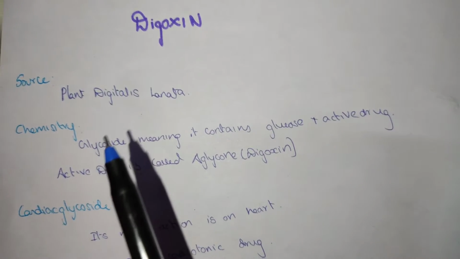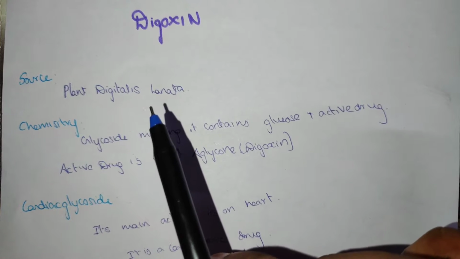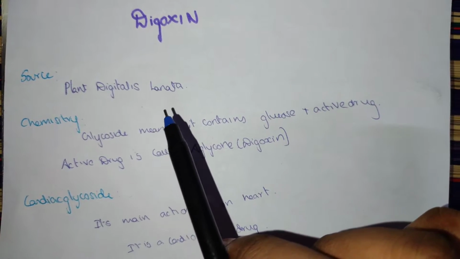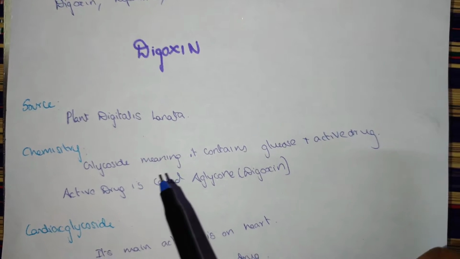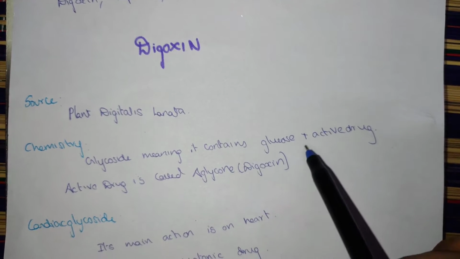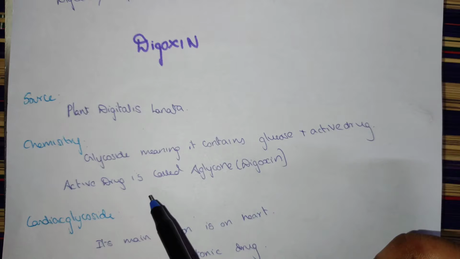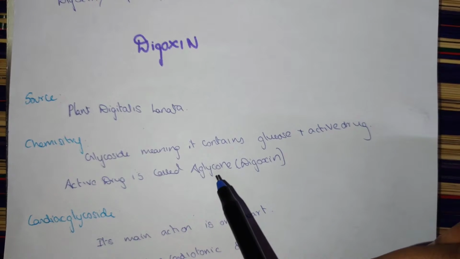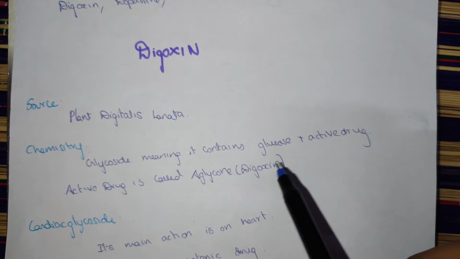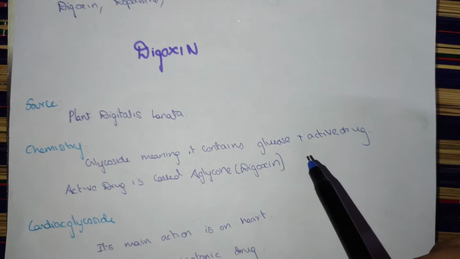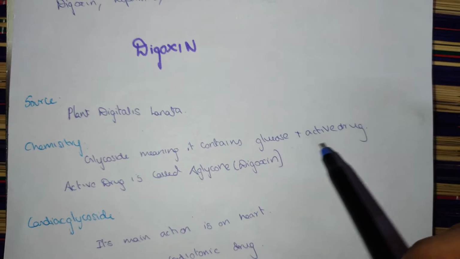Digoxin is from a plant source, Digitalis lanata. The chemistry is glycoside, meaning glucose plus an active drug.